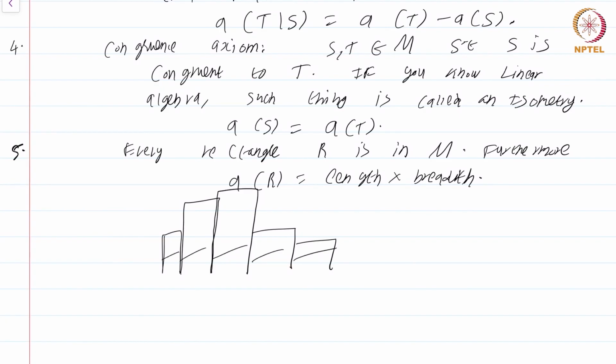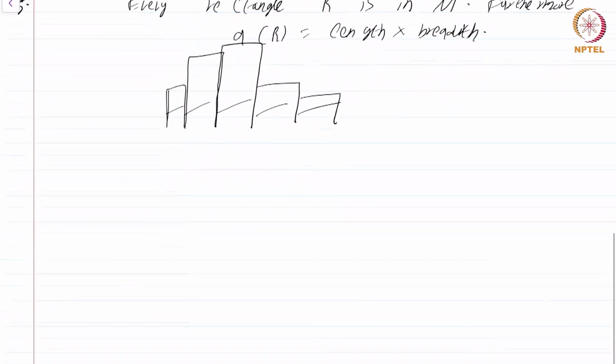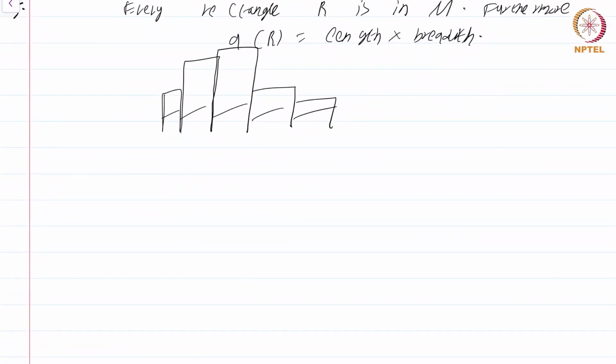So you can find out areas of more complicated figures by using the first 5 axioms. But to really get the full force and have a notion of area that can deal with many complicated figures, I need to give you an example of a complicated figure, and it'll turn out to be not so complicated at all. It's just a circle.